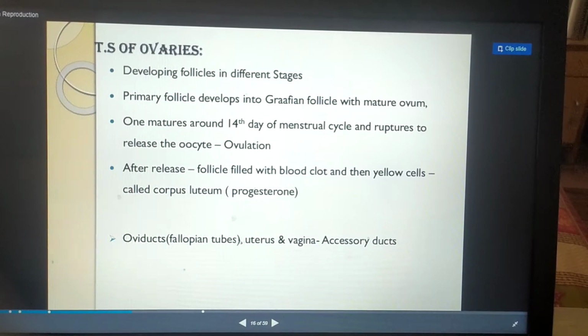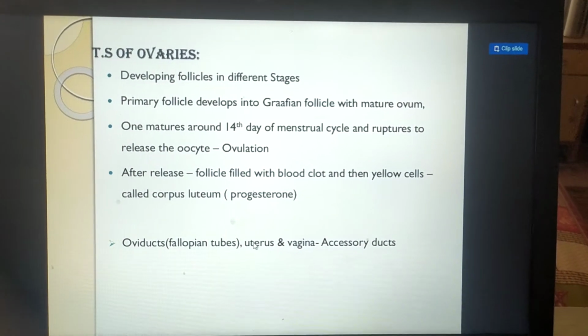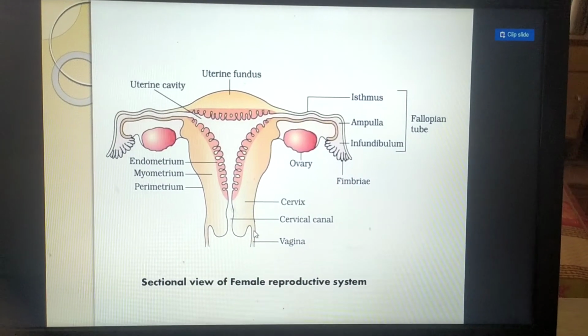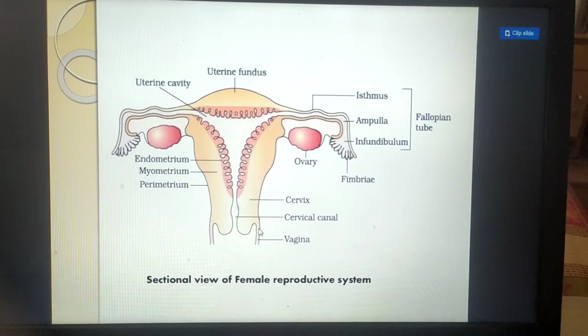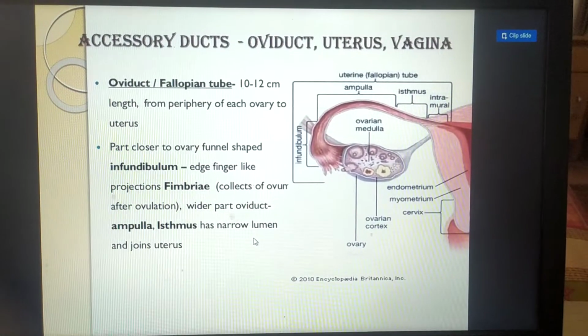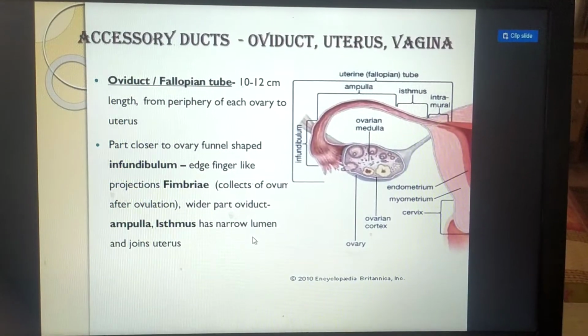Now the oviducts, uterus and vagina form the accessory ducts. Here again in the sectional view, you can see the ovary where all the parts are present. Now as we have seen, the accessory ducts include the oviduct, uterus and vagina.